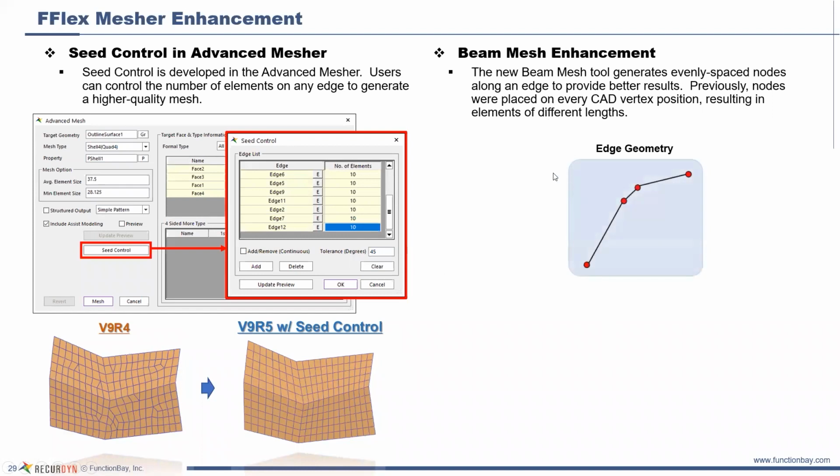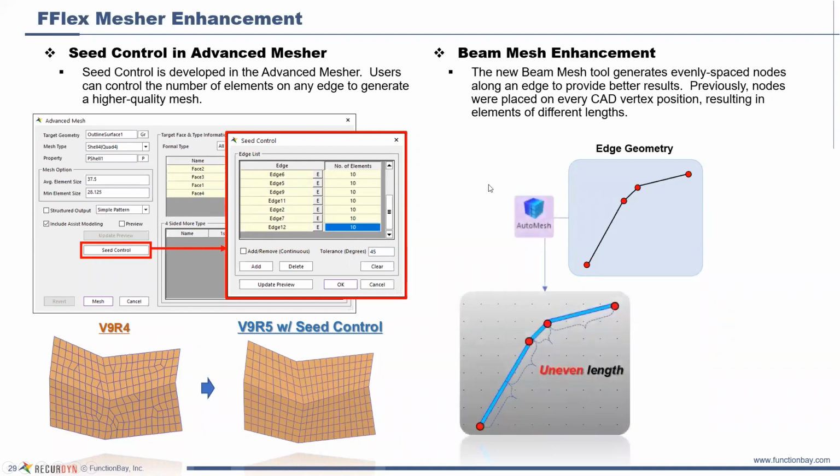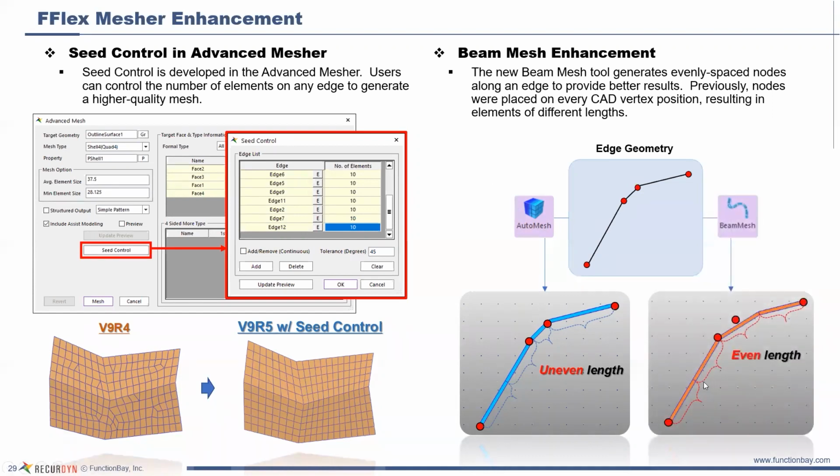So if we start out with a particular edge geometry that has certain vertices in the middle of the edge that are not evenly spaced, in the previous versions of RecurDyn, RecurDyn would always use those vertices as node positions, and so the resulting mesh would have uneven lengths for the elements. But in V9R5, this new feature will create the nodes evenly spaced.